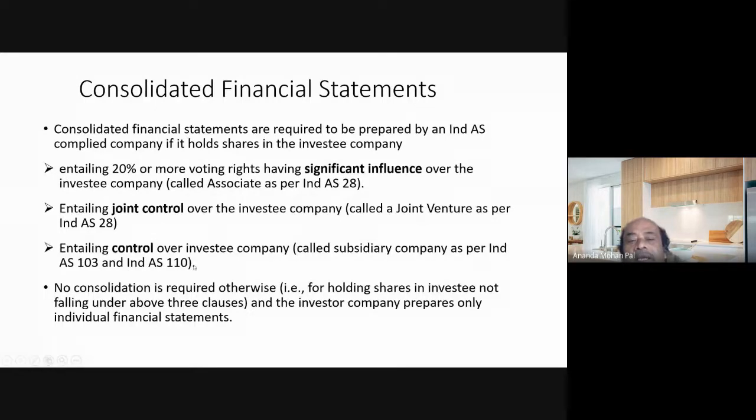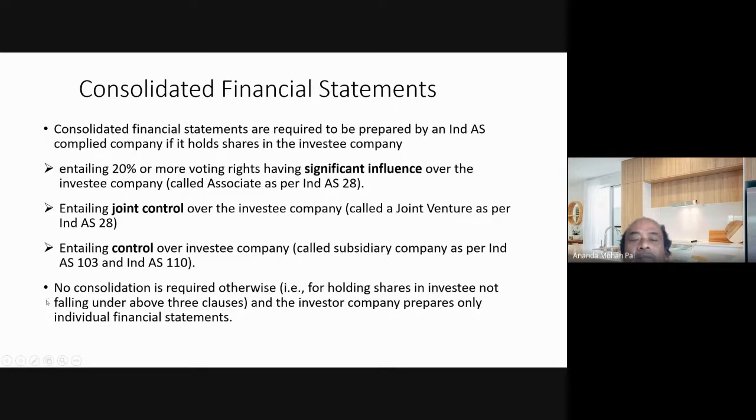Ind AS 110. Ind AS 110 is the main standard here, where subsidiary is defined, and 103 is also to be applied, but subsidiaries are defined in Ind AS 110 clearly.